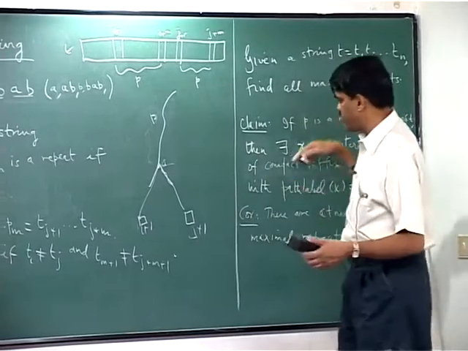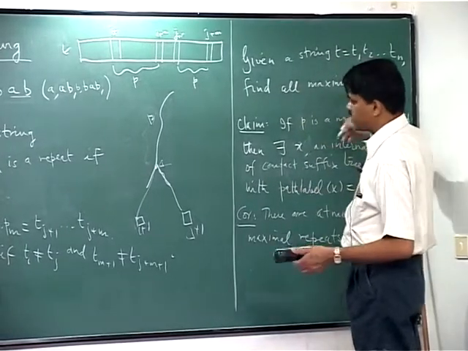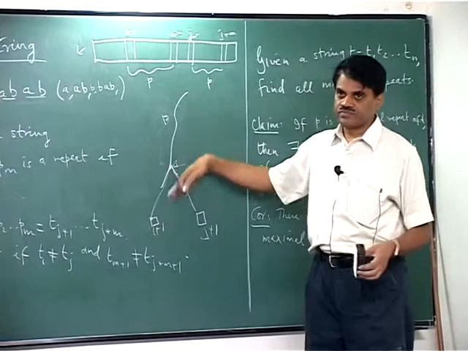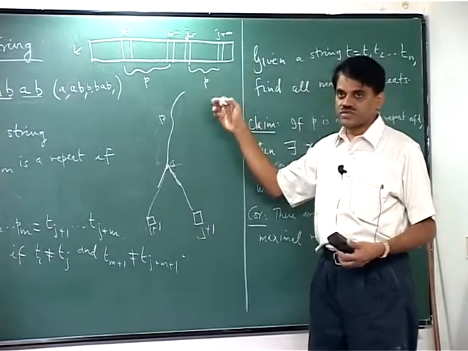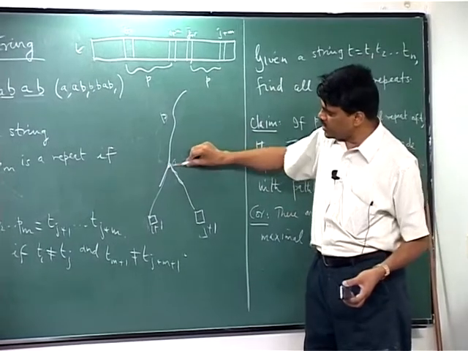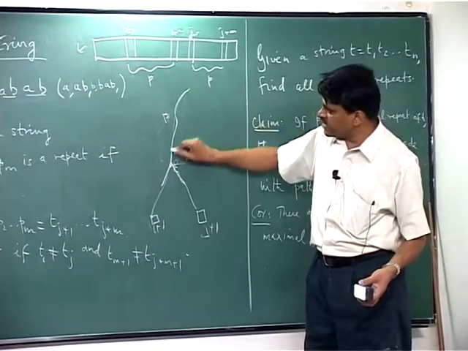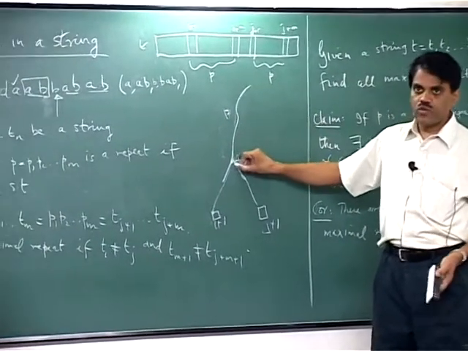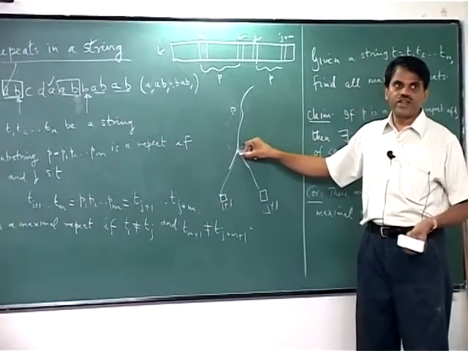But this is only one way. If it's a maximal repeat, you have a branching because it appears at two places. Now, if I just pick some internal node, can I say that this is a maximal repeat, or how can it fail?